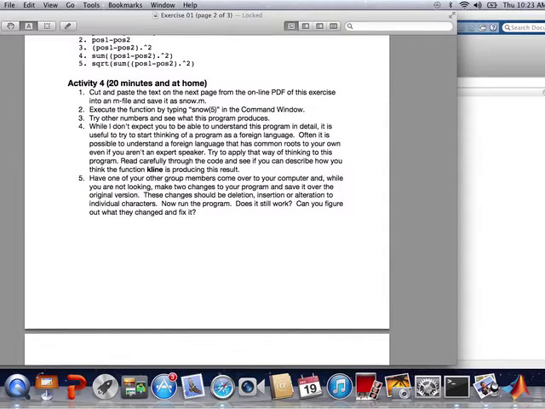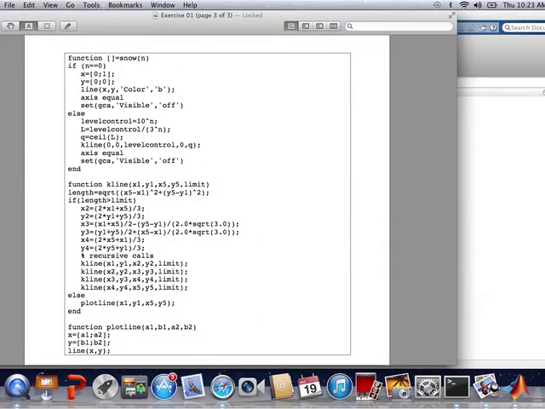Okay, so now in the spirit of deciphering a foreign language, let's go through this program and let's try to understand some general features that we can see without knowing details of programming.